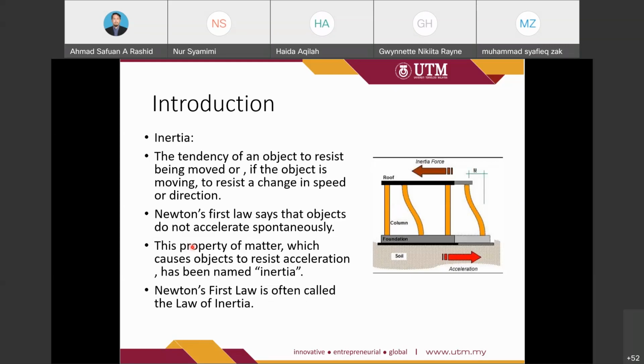Take the example of a building: a sudden acceleration of the soil makes the foundation, and the building, start to move. That's why in some countries they put a damper on the building, to minimize the effect from the acceleration or from the seismic.